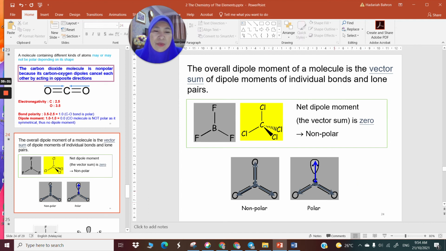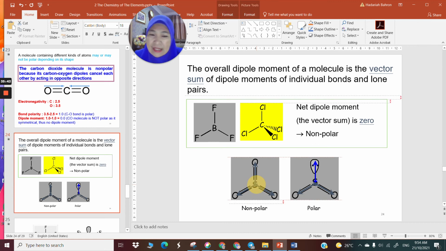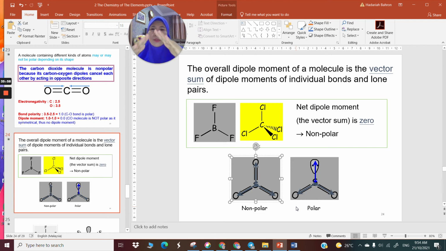But if you have, for example, SO3 and SO2, you have SO3 to be nonpolar because it's highly symmetrical, and the pull of the electrons from the sulfur toward the oxygens is cancelled equally, to the top, left and right.